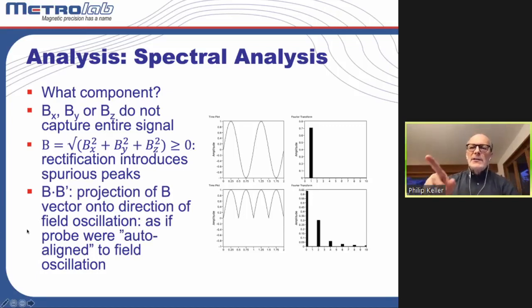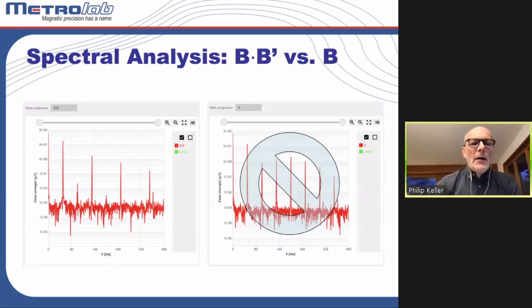So it's as if you had taken a single axis probe and aligned it parallel to the oscillation, and you were now measuring that and doing the FFT of that. And to show you what that looks like in real life, here's the Fourier transform of our B dot B prime that we've calculated, and the same data if we compute the Fourier transform of B.